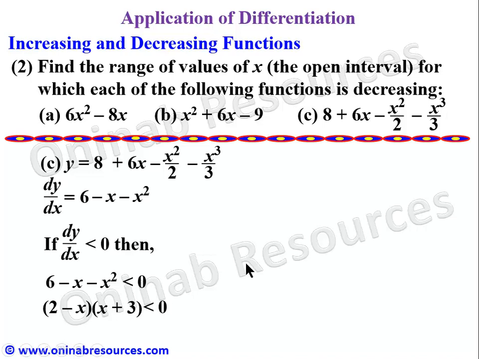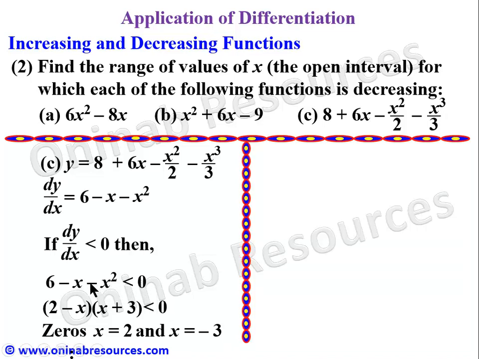So we get the zeros, since we are going to use the graphical method to solve this inequality. So we have the zeros as x equal to 2 and x equal to negative 3. Then we also find the y-intercept. The y-intercept is when x is 0. So put this as 0. So the y-intercept will be 6.